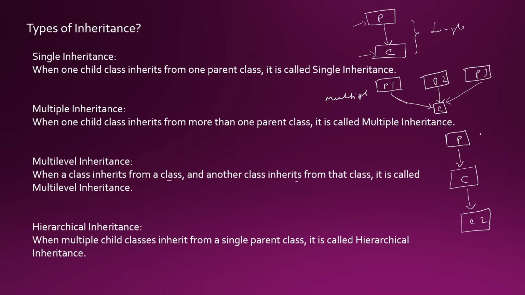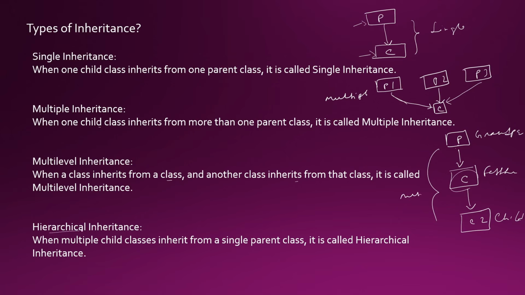You can think of it like this: this is my grandpa, this is my father, and this is me, the child. This father is inheriting all the properties from this grandfather, and this child is inheriting all the properties from this father. So this is called multi-level.